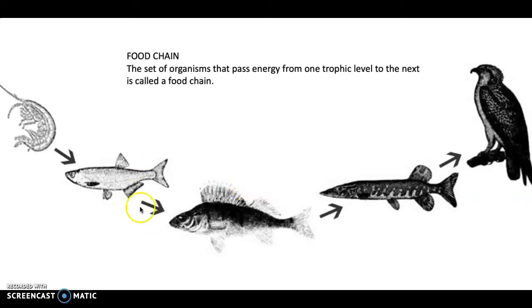The consequences of the loss of energy at each trophic level, meaning if we lost a lot of shrimp, then we can't support as many bleak. And if we can't support as many bleak, the consequences flow up the food chain. The osprey, which is here, right?